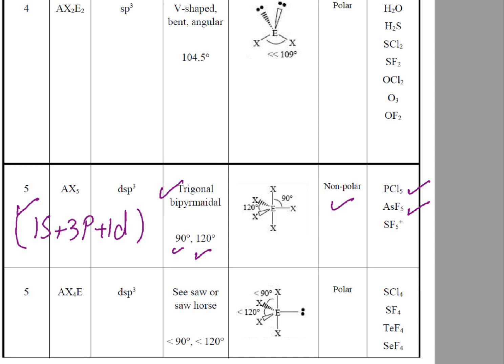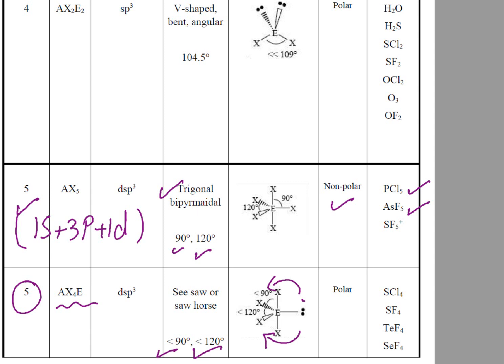While in this kind of hybridization, where the central atom is surrounded with 5 effective pairs, but one of them is a lone pair. Presence of the lone pair is going to push the other bonding pairs closer, changing the angle, so the angle will be less than 90 and less than 120.